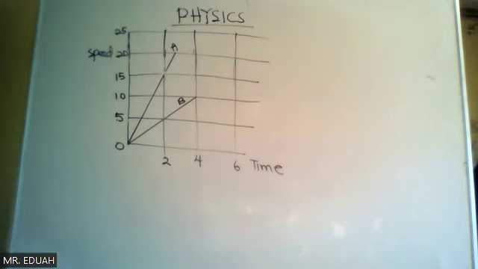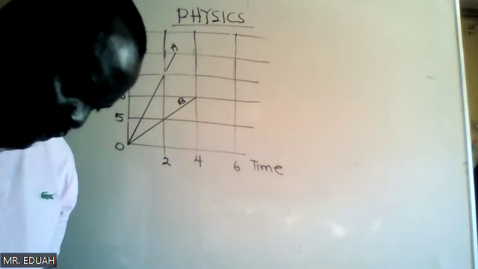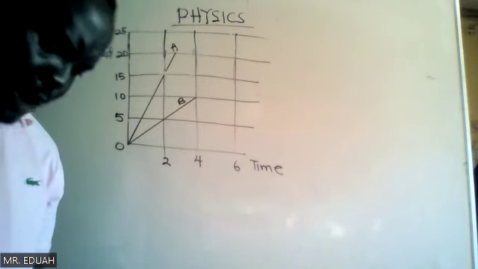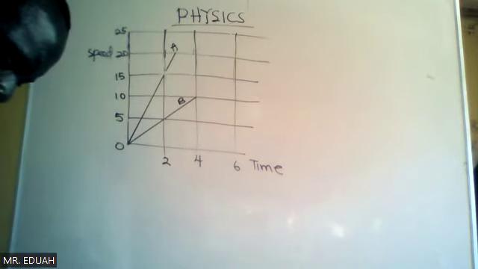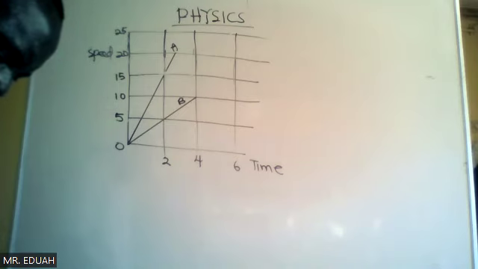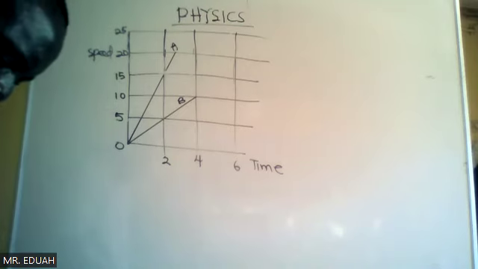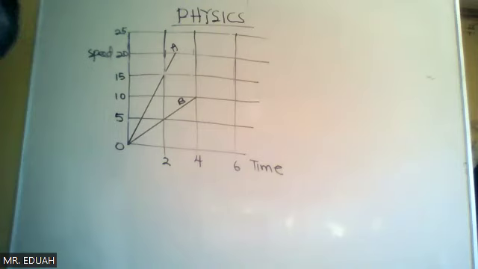The question is that the graph shows the relationship between speed and time for two objects, A and B. Compared with the acceleration of object B, the acceleration of object A is, so we are comparing the acceleration of A to B. Option 1: 1/3 as great.